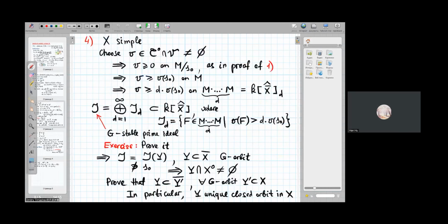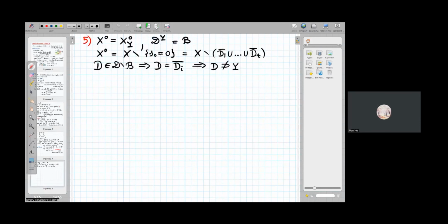Yeah, maybe I should draw another picture to make things clear. So here, let me draw this X again. This is X. Inside X we have the closed orbit Y in my simple variety X. We have this open subvariety X naught, whose G-span is X. And all the divisors Di bar are in the complement.